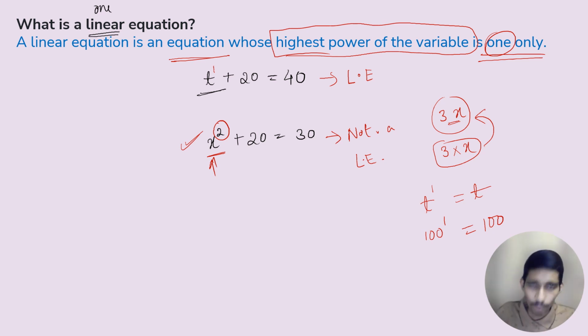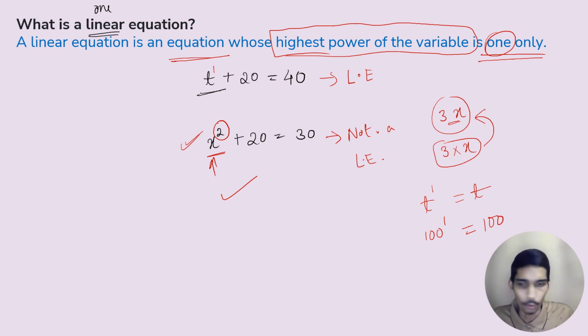For this chapter we will not talk about that, but you have to remember, if no power is given to the variable, its power is 1 and that is a linear equation. If the power increases from 1 to 2, 3, 4, 5, 100, 200, 300 up to infinity, then it is not a linear equation. It might be another equation, but it's not a linear equation. Is it clear? Hope you are understanding.